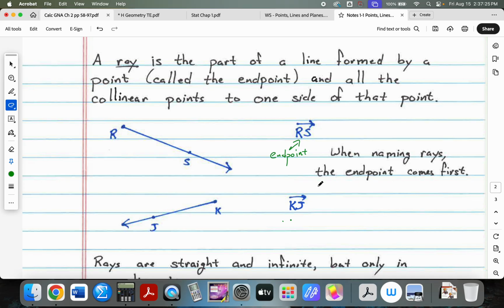Since we read from left to right, that's why that symbol goes left to right. So this says start at K, go through J, and then keep going. So start at K, go through J, and keep going infinitely in that direction.